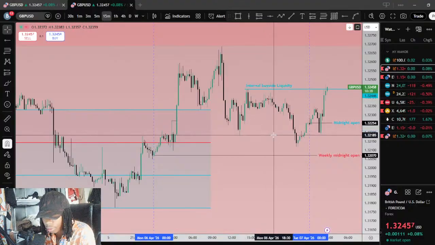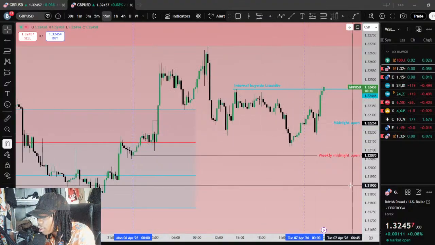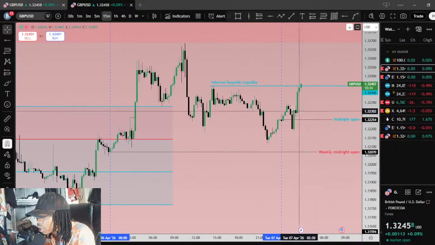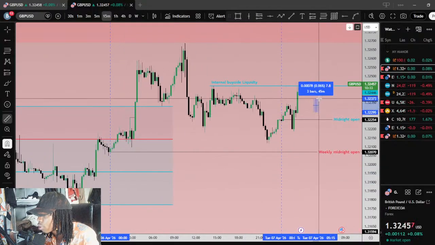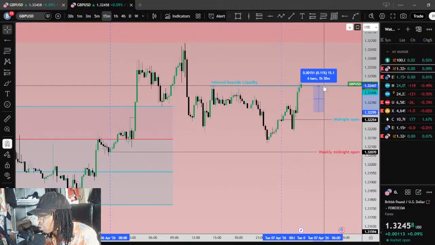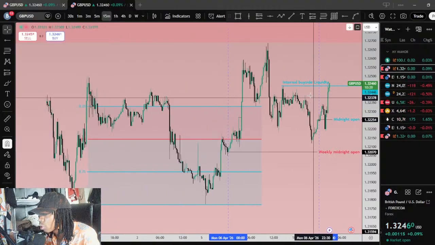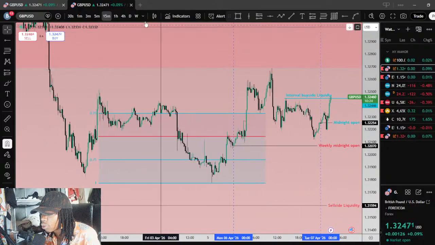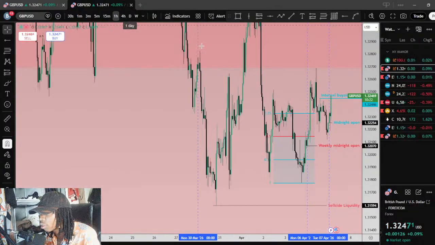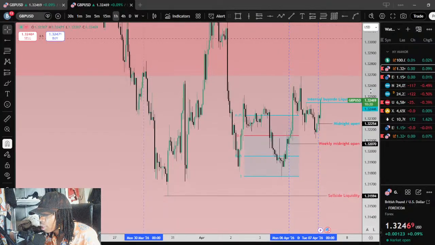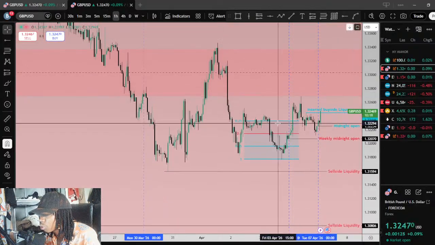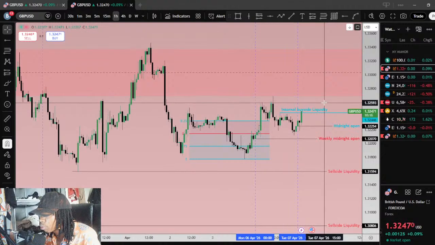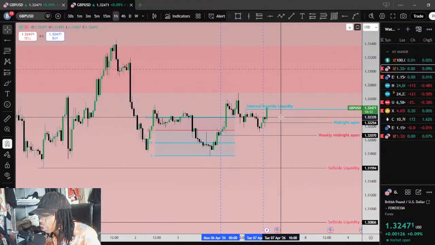So it's always a matter of waiting and seeing what the price has to offer to us, because most of the time we have to stick to one side of the market in order for us to be able to capture some significant moves in price action.